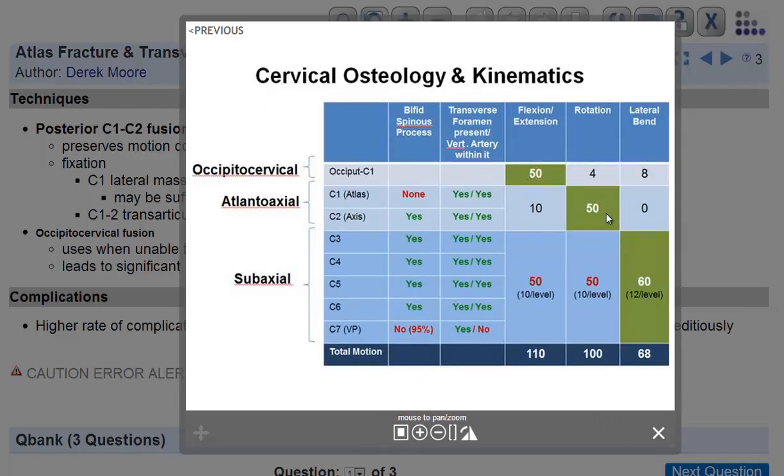Your atlantoaxial joint is responsible for about 10% of flexion extension and 50% of rotation. So you can imagine if you do an occipital cervical fusion and say you go down to C3, then you're going to lose about half of all your flexion extension and about half of all your rotation, and that's non-ideal, especially in a young patient.